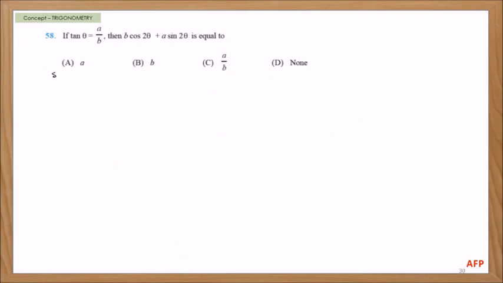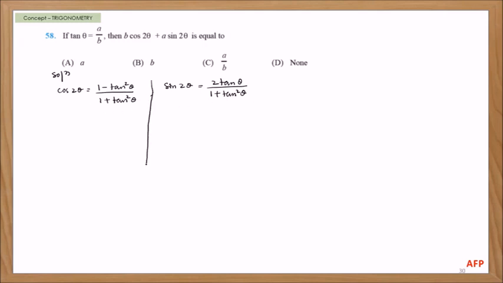Next problem, similar question we are having. Cos theta is equal to 1 minus tan square theta by 1 plus tan square theta. Next one, sine 2 theta is equal to 2 times tan theta divided by 1 plus tan square theta.